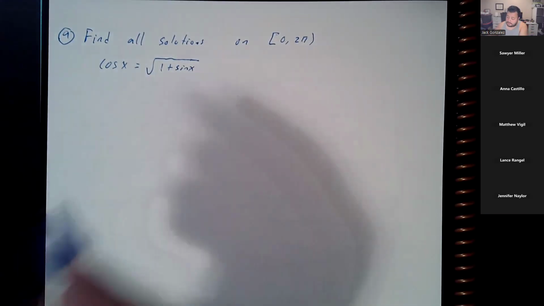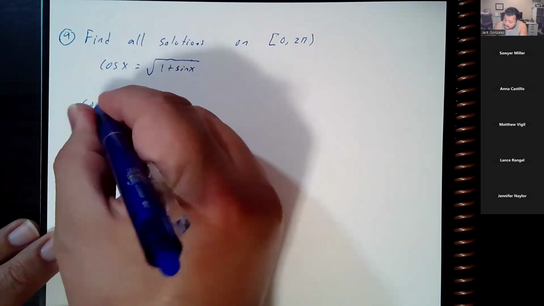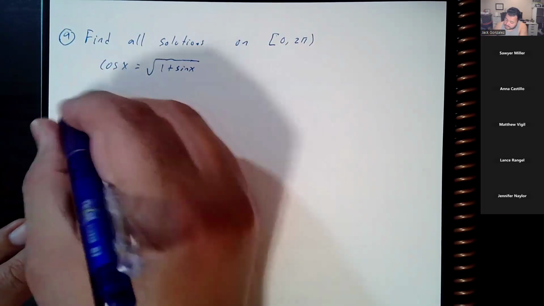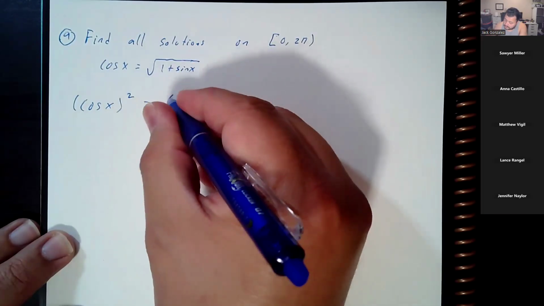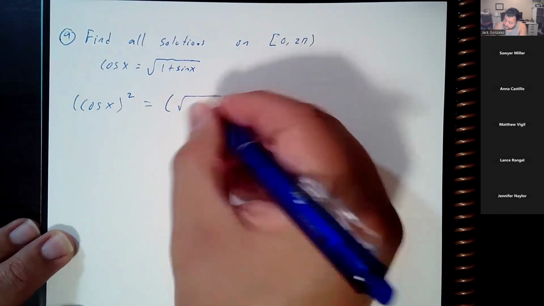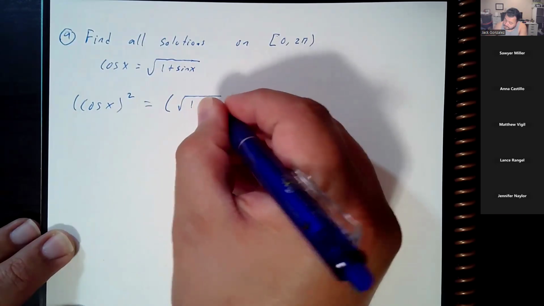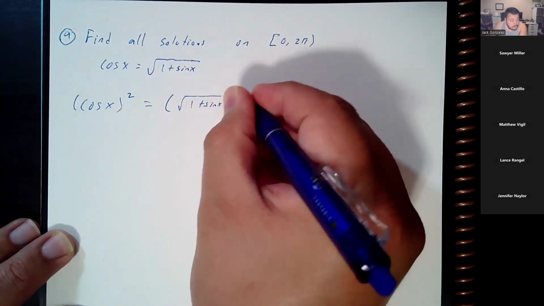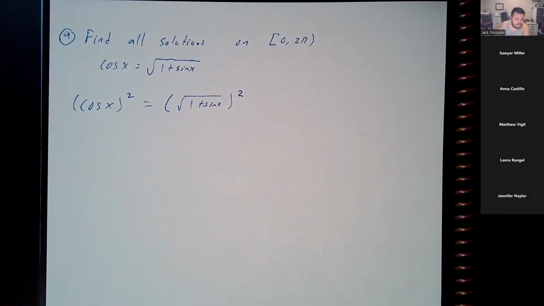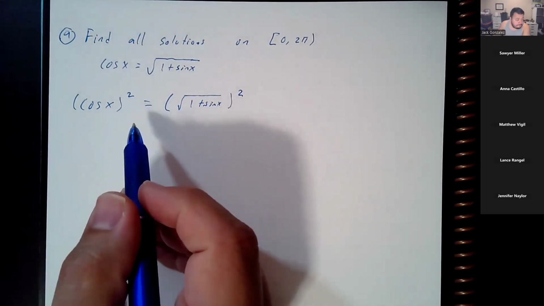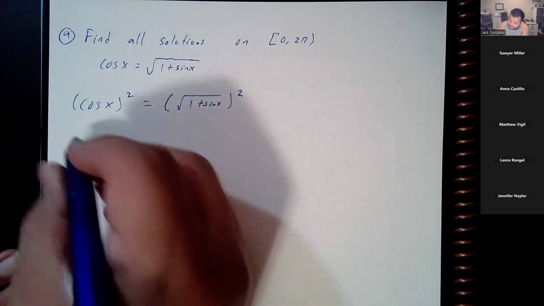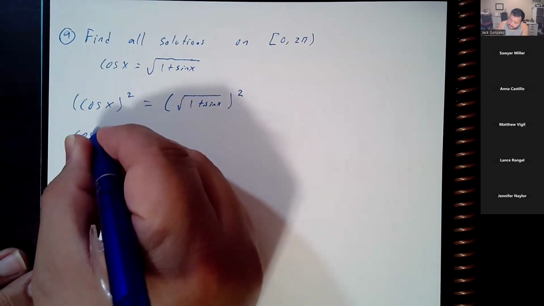Whenever you did that, you would sometimes introduce fake answers. I think the book calls them erroneous solutions, because it wasn't originally squared, but you have to square to solve it. So you introduce more complexity that wasn't there, and you've got to check all your solutions.